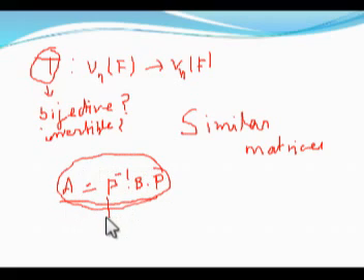Model matrices are generated by eigenvectors, of course. So the eigenvectors of B are very important.